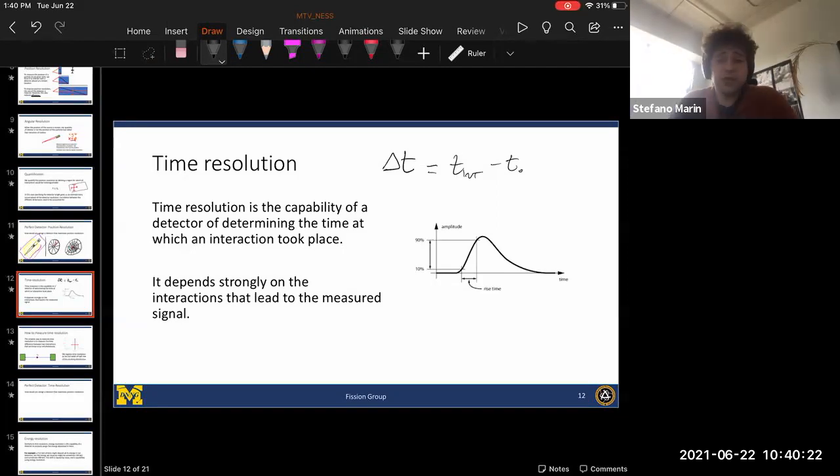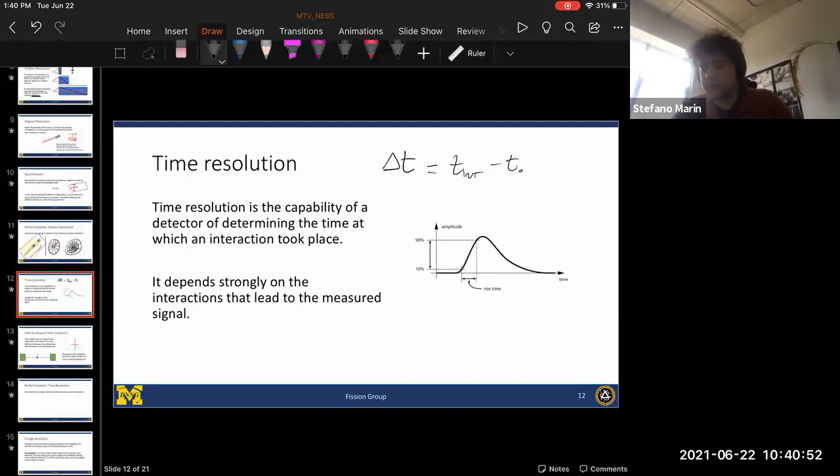Other properties, of course, are how fast the signal is created and what the exact mechanisms are that create that signal. As a general rule, if the information carrier, what actually creates your signal, moves slowly, then you're going to get a worse time resolution. If it is moving fast, then you're going to have a better time resolution.